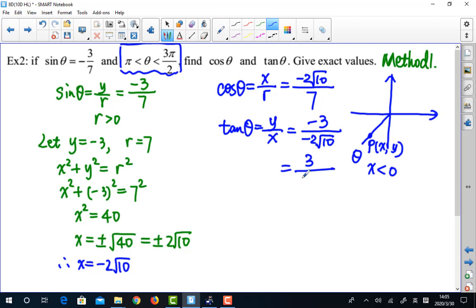It's 3 over 2 root 10. And the signs of these two trig ratios are consistent with All Students Take Calculus in the third quadrant. So you will know this cosine ratio should be negative and tangent ratio should be positive. Both of them make sense to me.